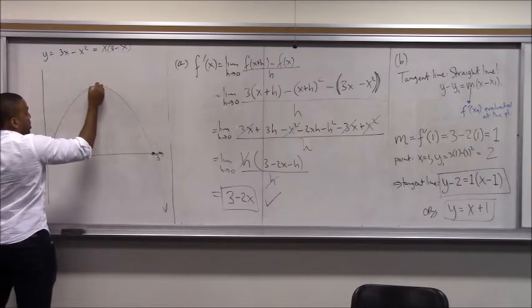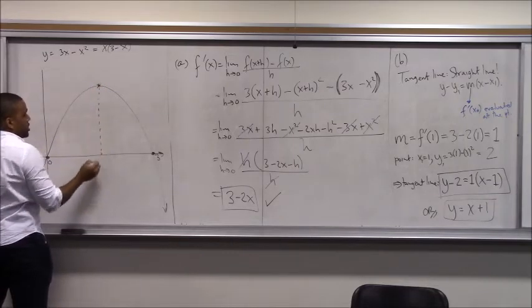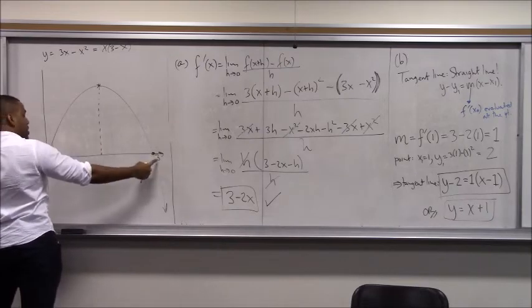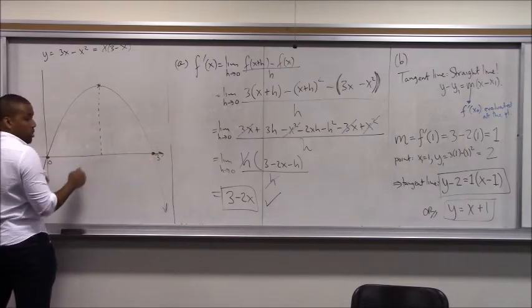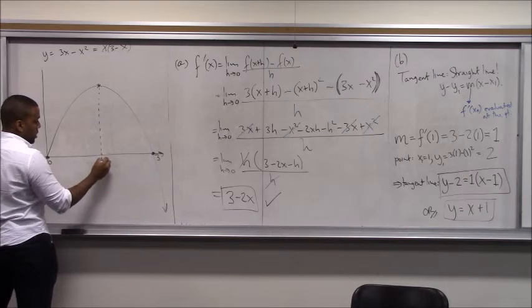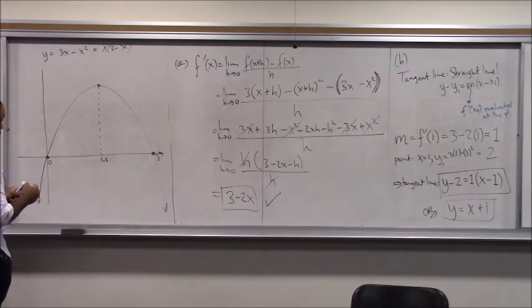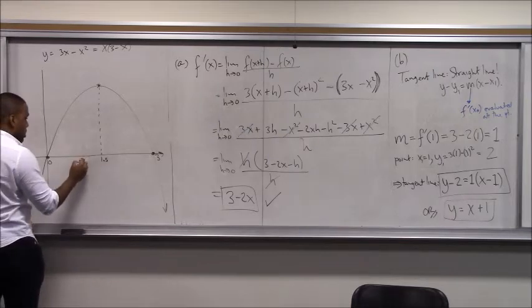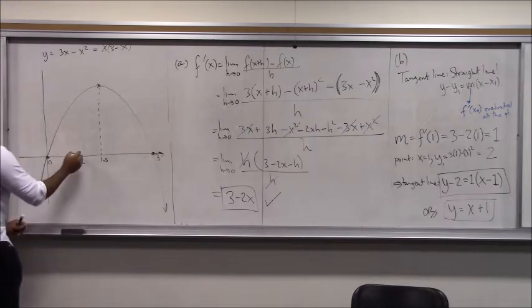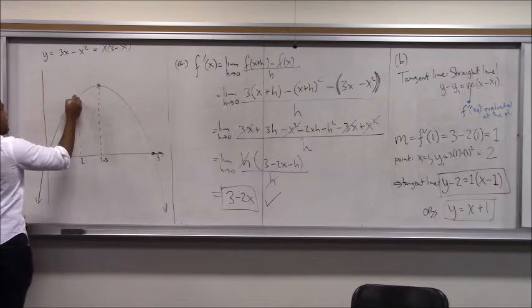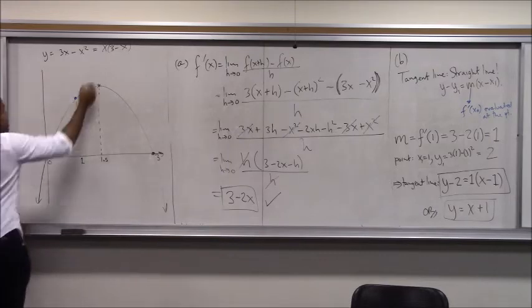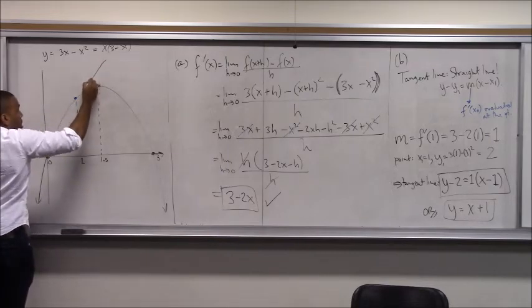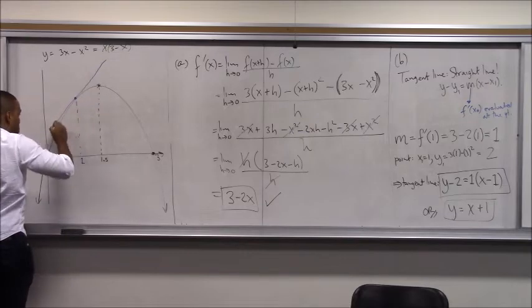Now for quadratics, we know that the vertex always happens halfway between these. So it's going to be 3 over 2, which is 1.5. Now what they asked you was to find the equation of the tangent line at 1. Which means you are now looking at this point, and you want to find the straight line that comes down and touches that point and continues.